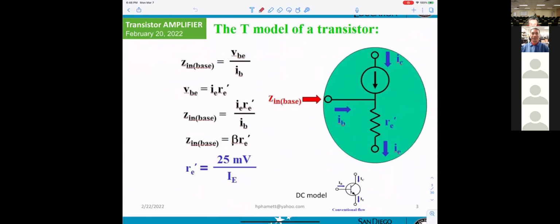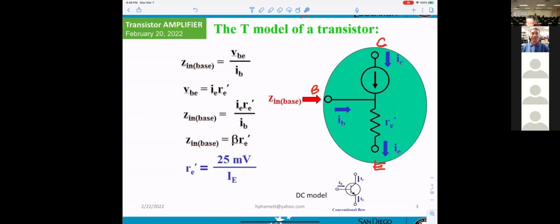You understand this is still the base, collector, emitter. So this one is a model for the transistor in AC.